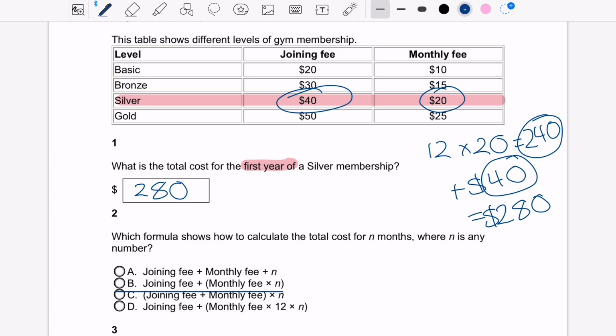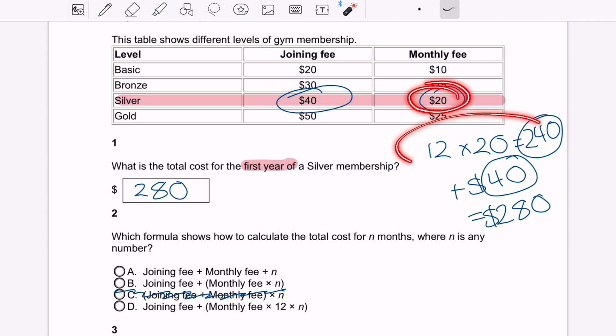All right, let me cross that one out a bit better. Now we're left with joining fee at the beginning, so they could all be options. Then we had our monthly fee, which was 20, and we times it by 12, or we times it by n, the number of months.